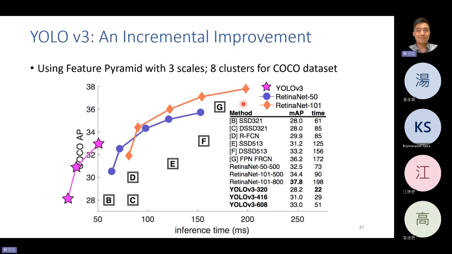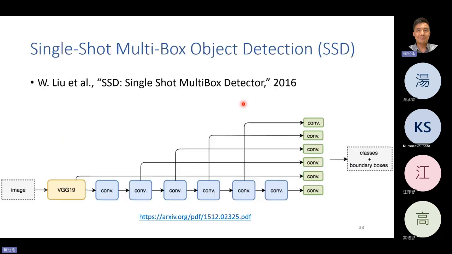After version 3, the original author gave up. He announced he was quitting computer vision because the detector has been abused. Object detection has been used to locate people for commercials or for military purposes. So he decided to quit. After he quit, people still continued improving the YOLO architecture.